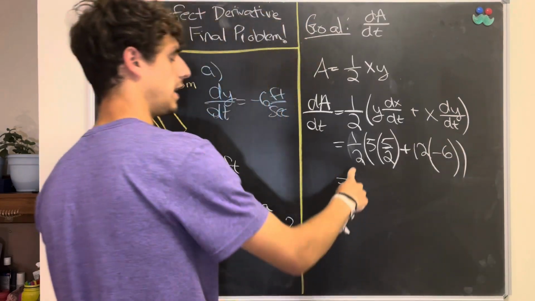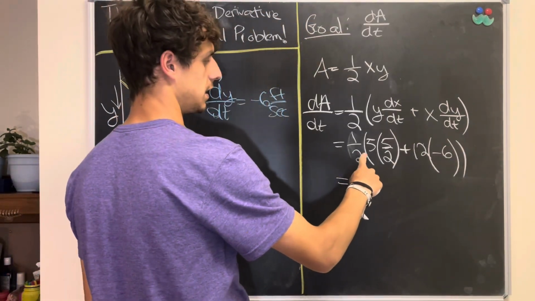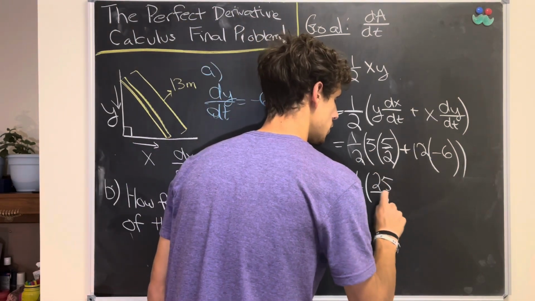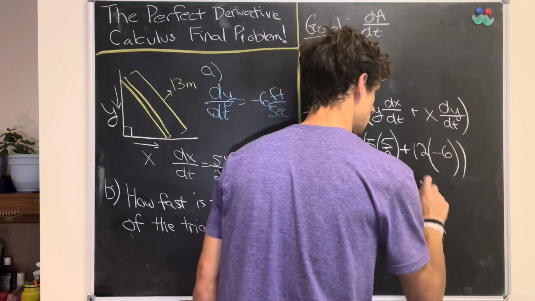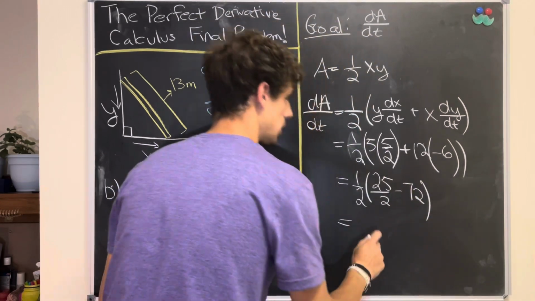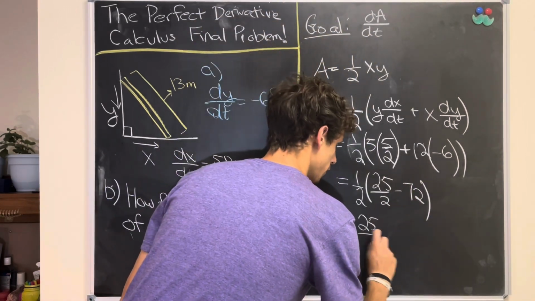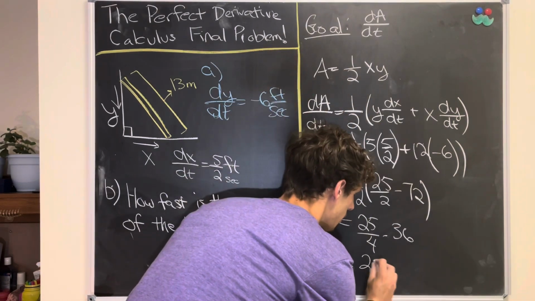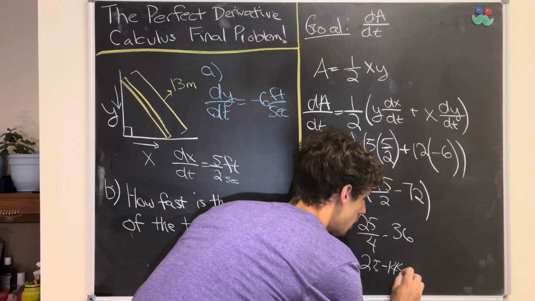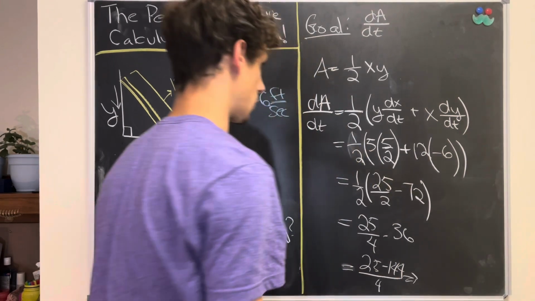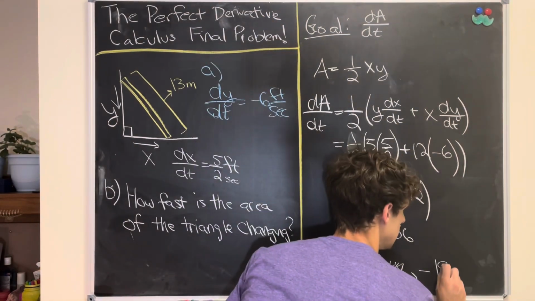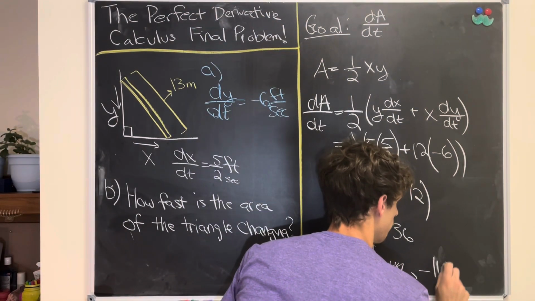And so here we have, let's see, 1/2 times 25 over 2 minus 72. But that's going to be equal to 25 over 4 minus 36. But that'll be 25 minus 144 over 4. But that's going to be equal to -119 over 4.